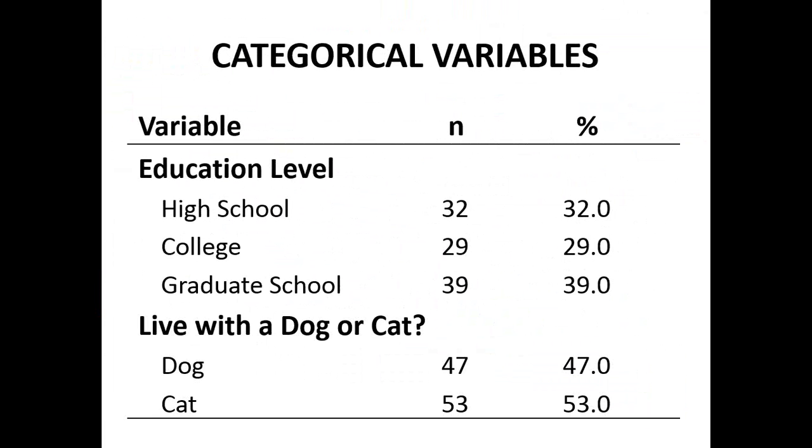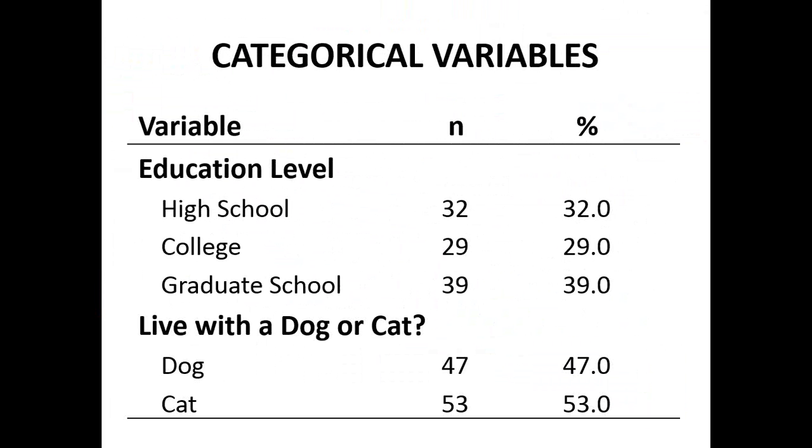And at graduate school, an N of 39, which means 39 study participants in that category, and which is 39% of the sample, because the sample is 100 people. So roughly, in education level, there's roughly a third of study participants at each level.